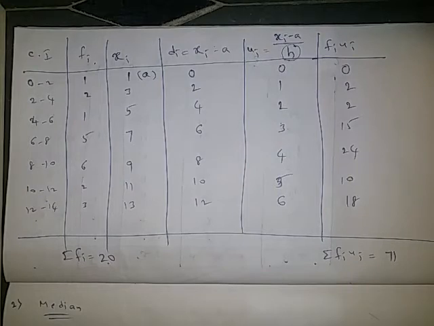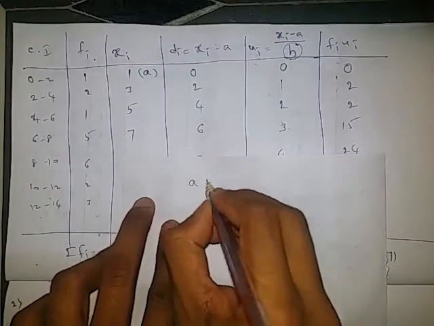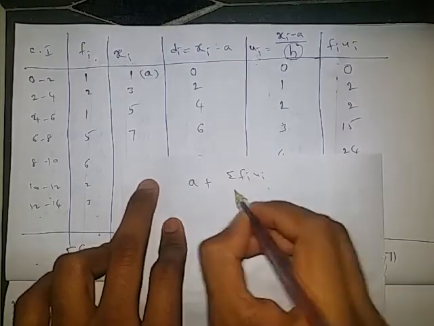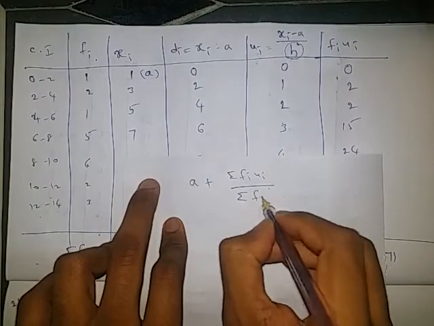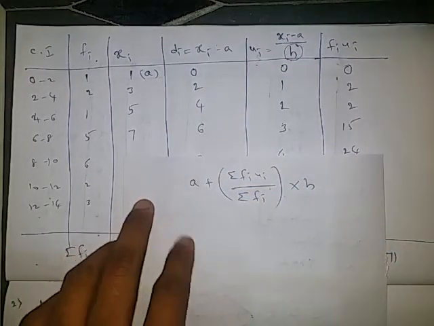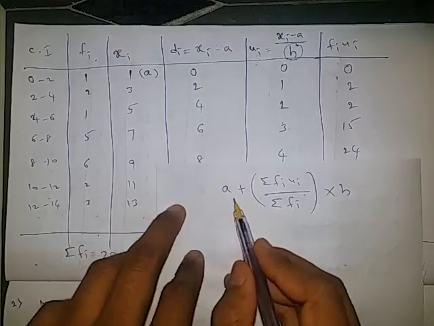Now the formula for this step deviation method is A plus sigma fi ui divided by sigma fi, into h. What is the A value we took here?